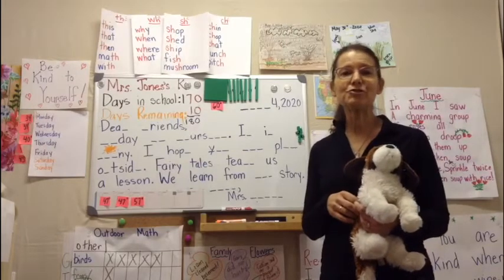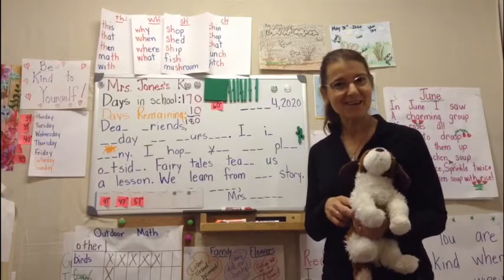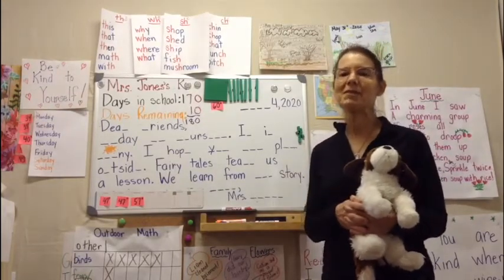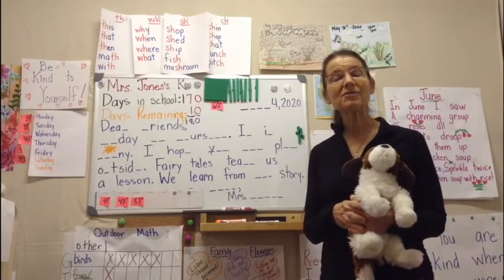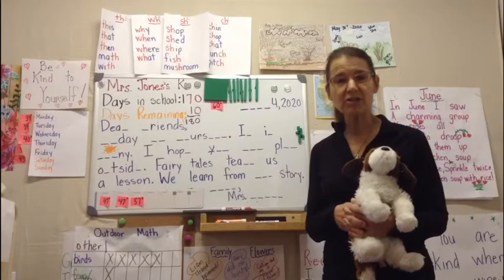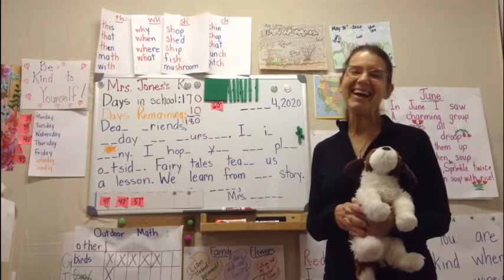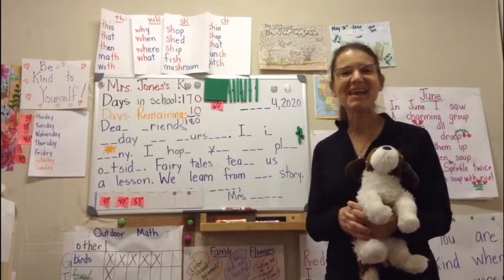The characters usually have a character who's clever and a character who's mischievous. So when we hear that word mischievous, it means a character that's doing something that maybe he or she should not be doing. We know that fairy tales also might have a magical character, and oftentimes the animals in fairy tales can talk, and they might look or dress and do things just like people do.